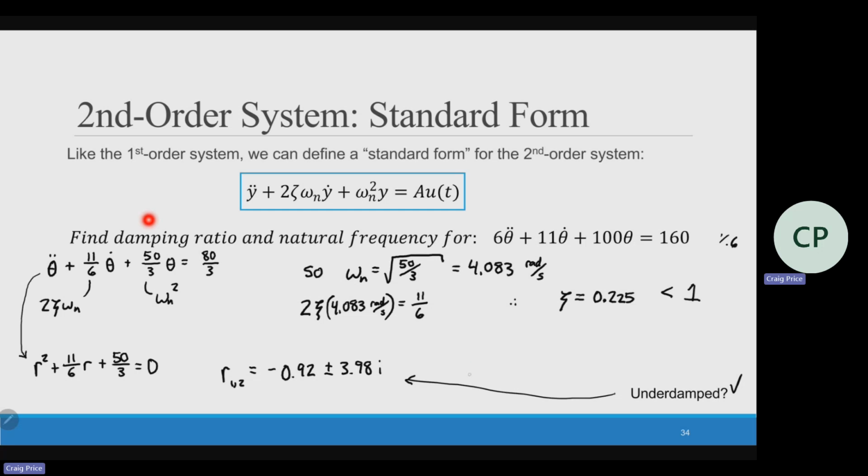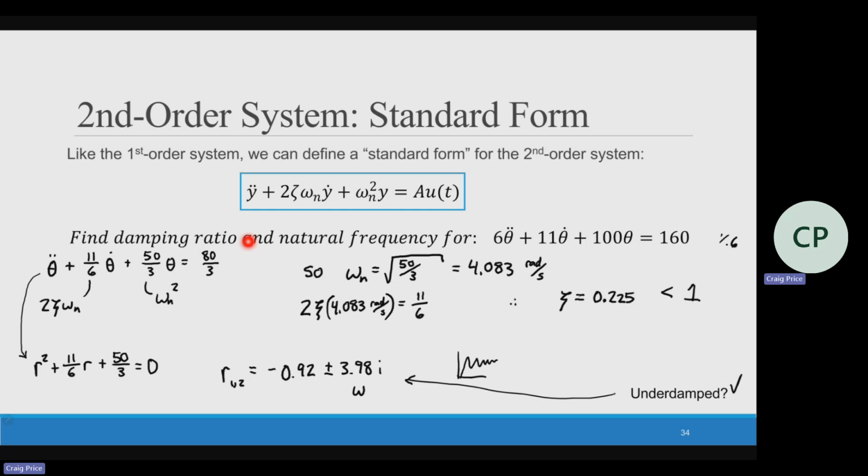So if you remember what we were just talking about, the output is going to have oscillations. How do I know it's going to have oscillations? Because I have a frequency here. That's my 3.98. And then we have an e to the negative 0.92t, which means that transient part is going to die out. So this is what an underdamped system looks like.